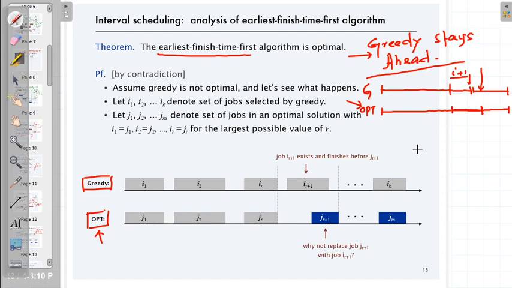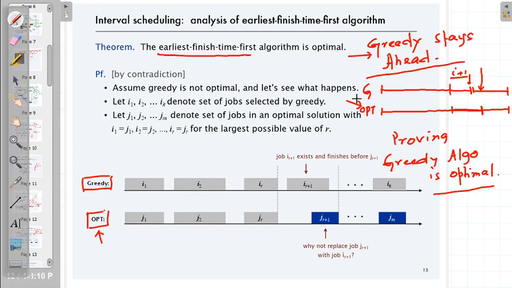So this is the way you can prove that this greedy algorithm is optimal. This argument says that up till some ith iteration both greedy and opt produce the same result, and then immediately after that iteration, what is going to happen?